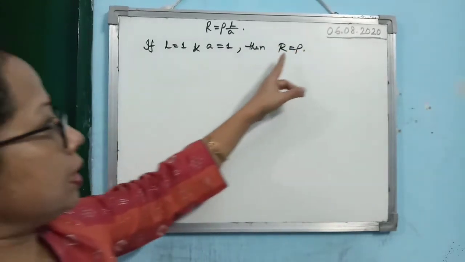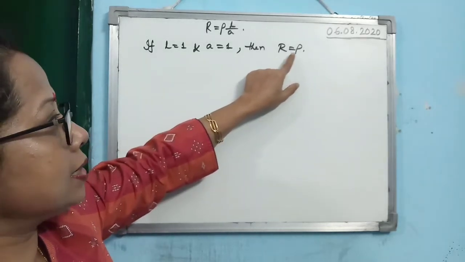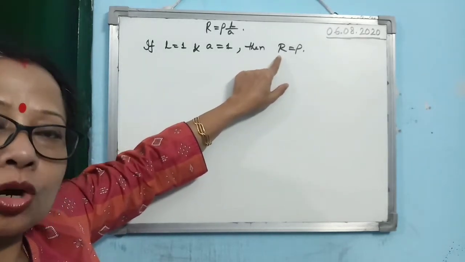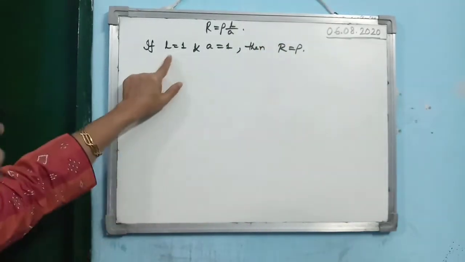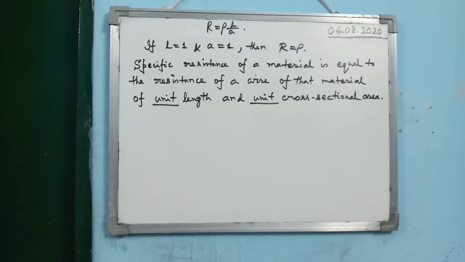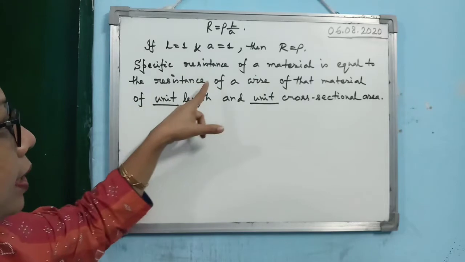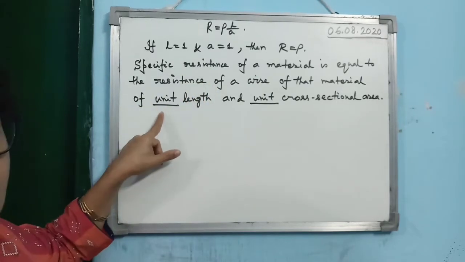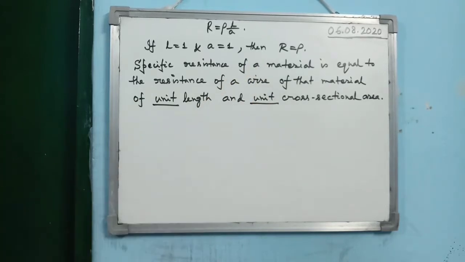So specific resistance is equal to the resistance of a wire of that material of unit length and unit cross-sectional area. That is the definition of specific resistance.